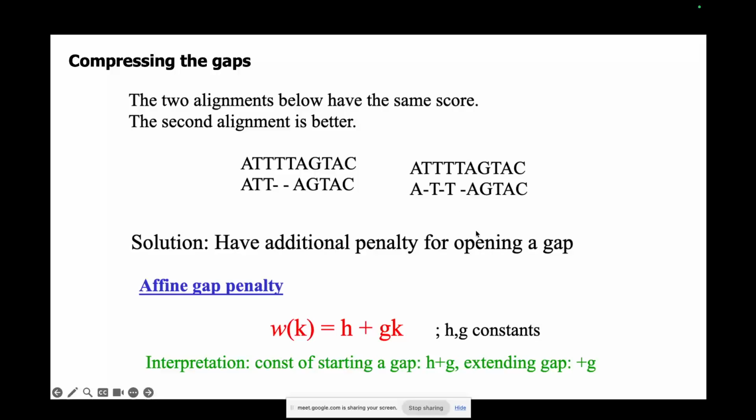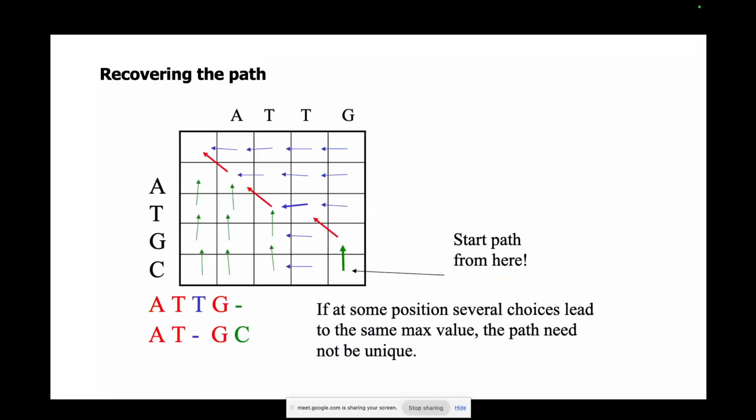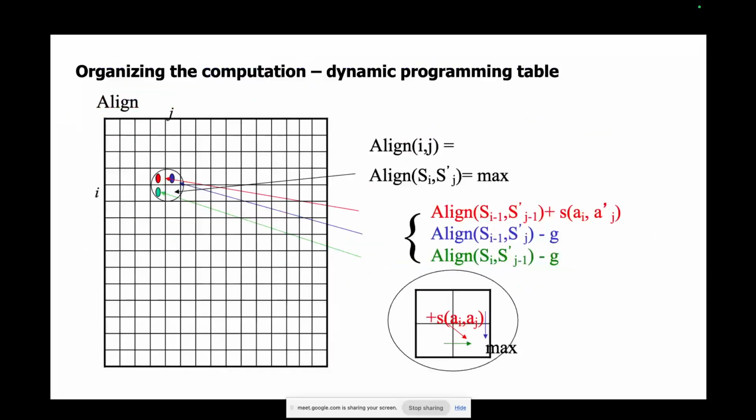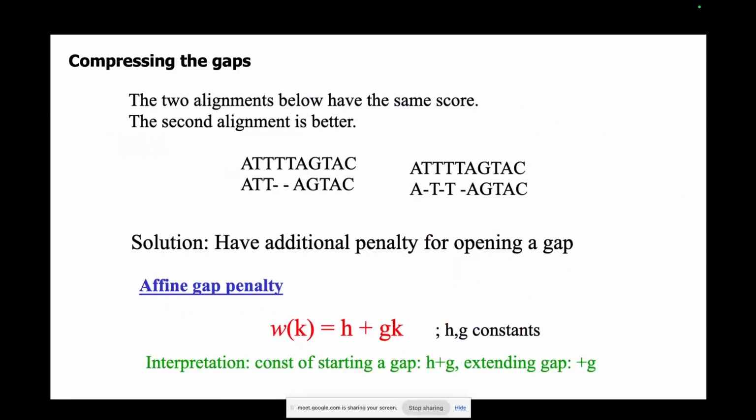Now, if you just keep this algorithm, try to use this particular algorithm and have a constant gap score, what will happen is the two alignments will have a similar score, but you would not be able to distinguish between these two alignments because mathematically they're the same.